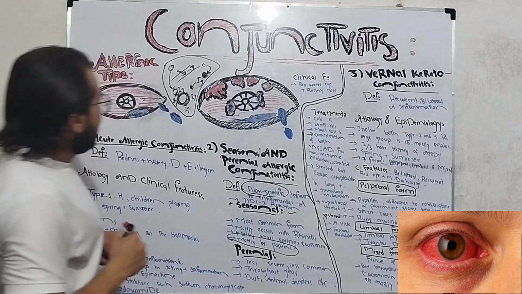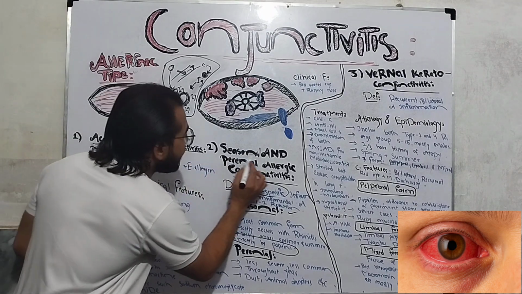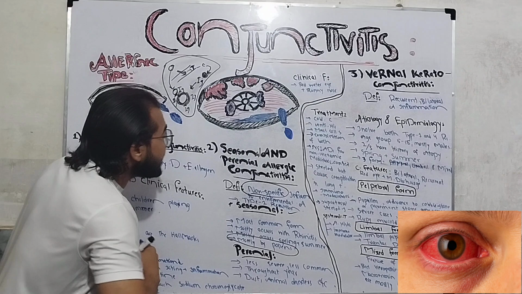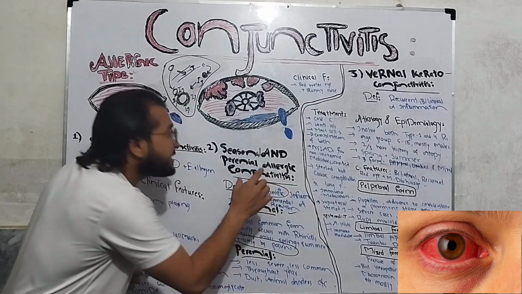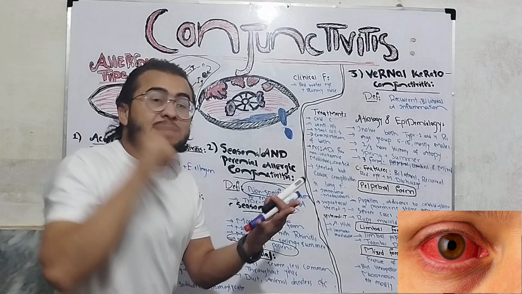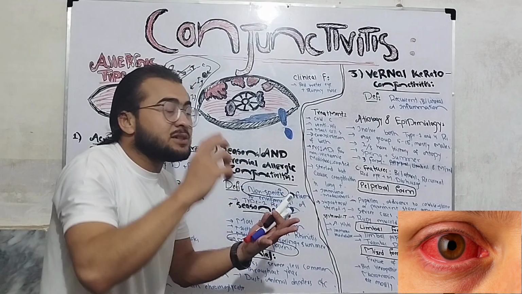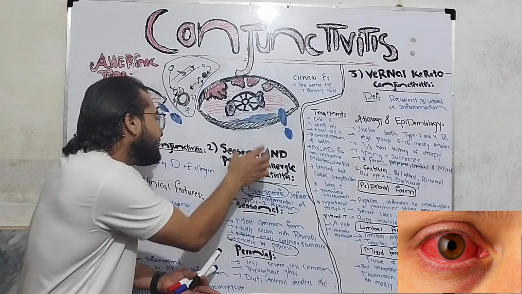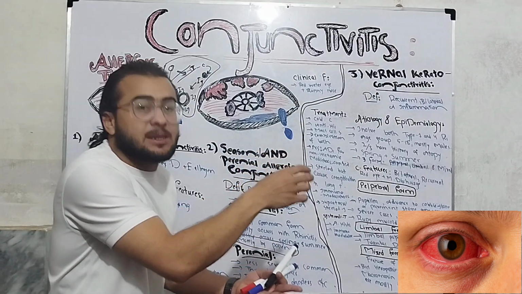Now the second one is the seasonal and perennial allergic conjunctivitis. Seasonal and perennial allergic conjunctivitis is also an allergic inflammation of the conjunctiva, but the allergens in this case are non-specific, and these allergic reactions can be acute or subacute.